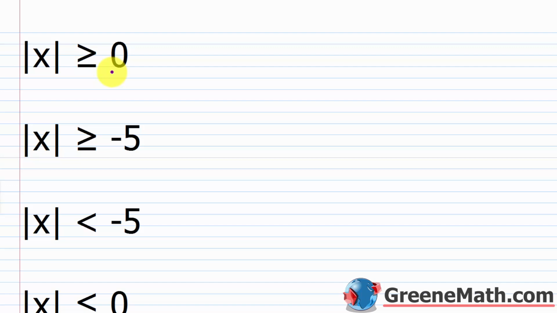So if the result from your operation is 0, you're okay, right? It works. If it's some negative, it still works, right? Because you're going to get a positive. If it's positive, it still works. So every real number would be greater than or equal to 0 when it's run through the absolute value operation. So this is all real numbers, okay, for an answer.